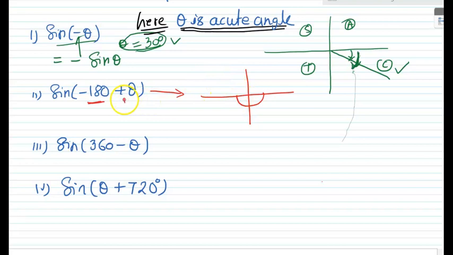Minus 180 plus theta means you have crossed this 180 and you have entered this zone, the second quadrant. So it is theta here. So sin of minus 180 plus theta should be sin theta. And in which house are we? Sin. So sin should be positive. So it should be positive sin theta.